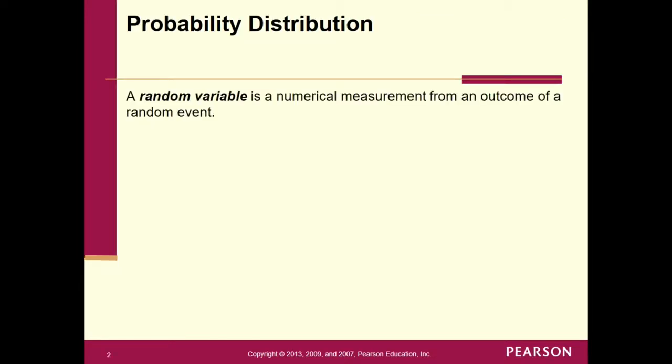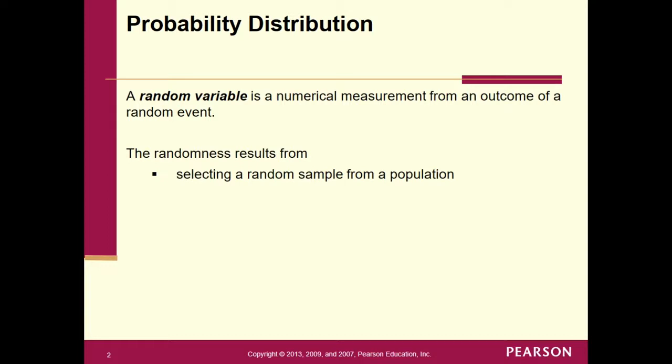Before we talk about probability distributions, we have to talk about a random variable. A random variable is a numerical measurement from an outcome of a random event. To be honest with you, this is not much different than your typical variable. Essentially, the result of this variable was due to some random event.